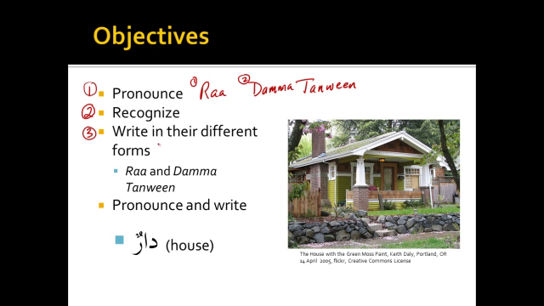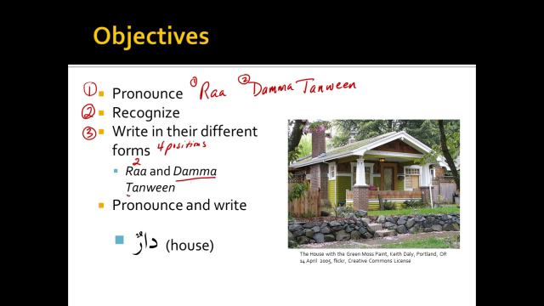Now, remember again that Arabic letters have 4 positions, right? Now the Ra has 2 forms out of the 4 positions, like the Dal and like the Alif and the Waw and the Dal that we discussed previously.